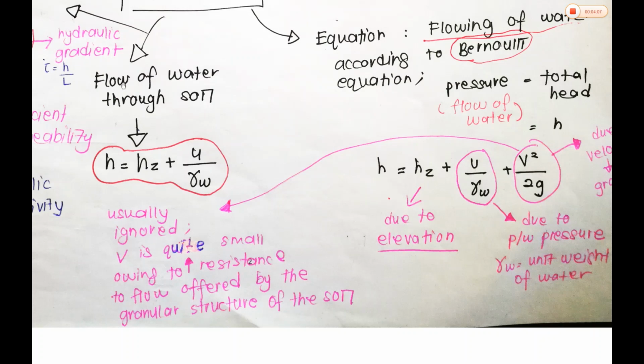Okay, sebab kita tengok flow of water through soil sekarang ni, so we know that in the component of soil body kan dia ada particle granular solid-solid tu. Okay, so that solid tu akan bagi halangan kepada kelajuan air. So that's why V is quite small. Okay, disebabkan oleh granular structure tadi. So that's why bila flow of water through soil, H sama je dengan Hz plus U over gamma W. Tak ada element of velocity due to gravity.